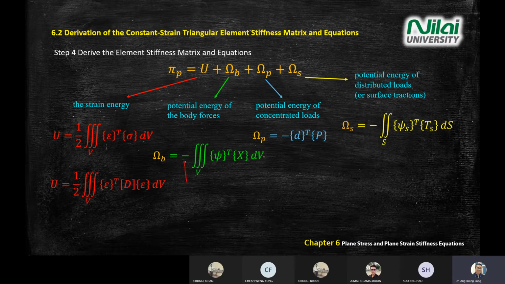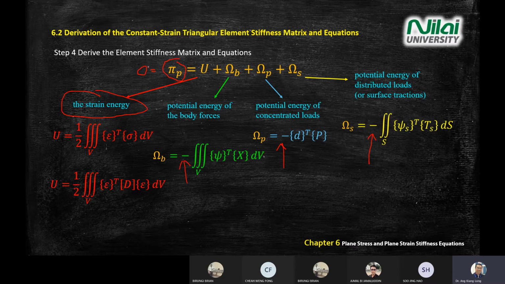Why is there a negative there? Because the potential energy inside the system, if we do not do anything on the element, will equal zero. So the strain energy plus the body forces, you need to have negative, plus the concentrated load, you have a negative, plus the distributed load, you have a negative.